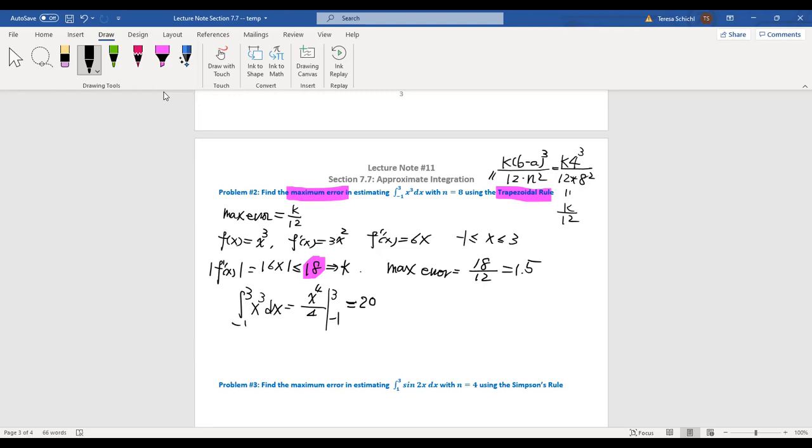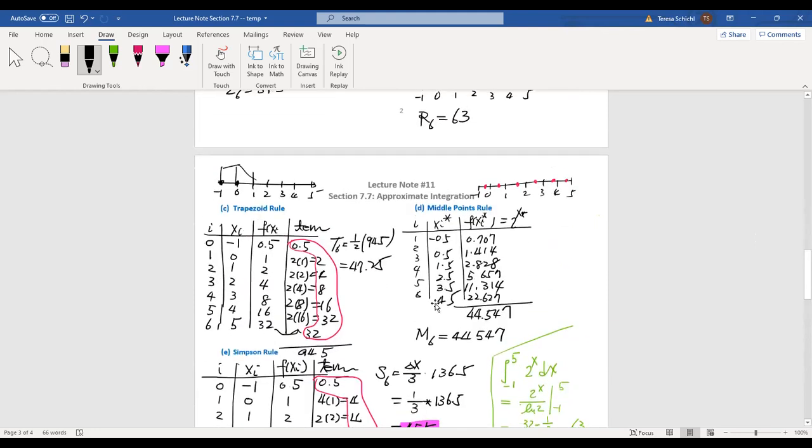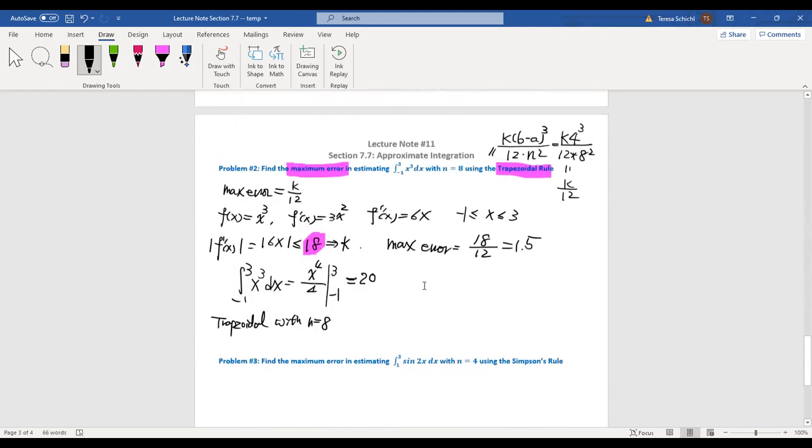Then if you use the trapezoid method we learned before, with n equal to 8, just do a table like in the previous method, and you can find the trapezoid estimate T8. The trapezoid gives a value of 20.5.